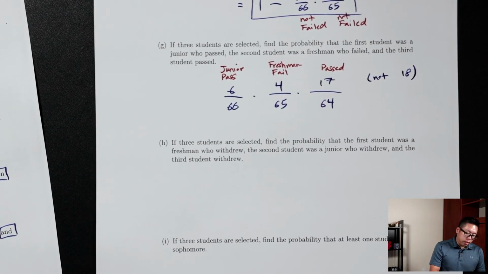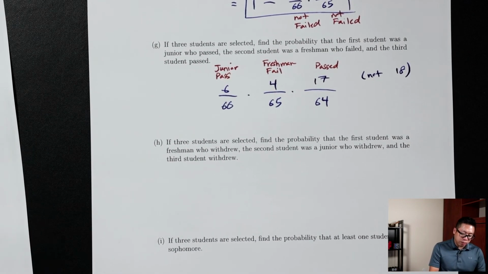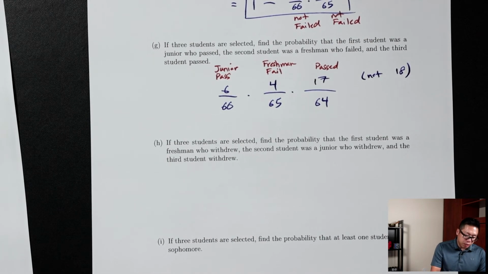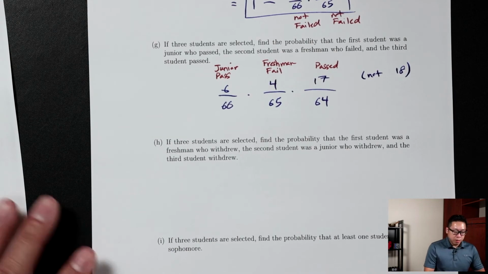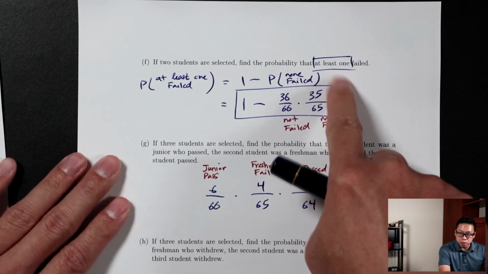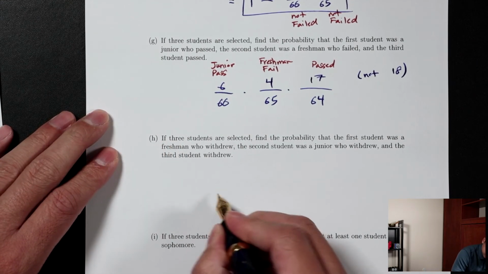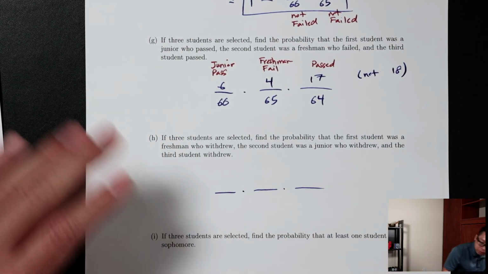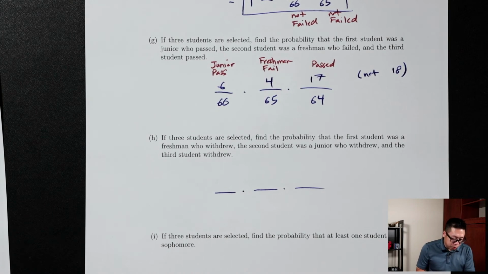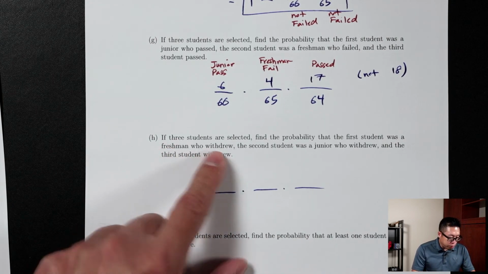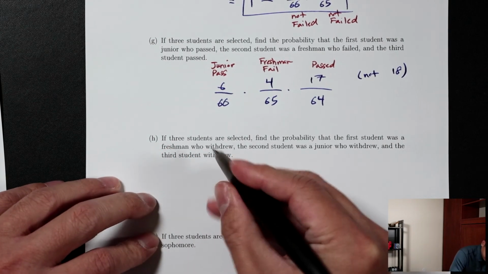Part H, if 3 students are selected, find a probability that the first student was a freshman who withdrew, second student was a junior who withdrew, and the third student withdrew. Okay, so this is not one of those at least ones. So this will be just the regular, talking about 3 students, 3 fractions. First one, I want to be freshman withdrawal.